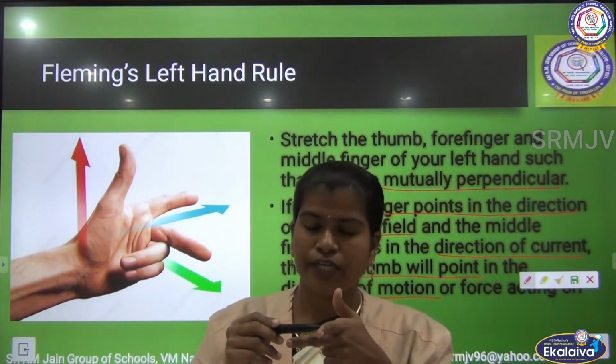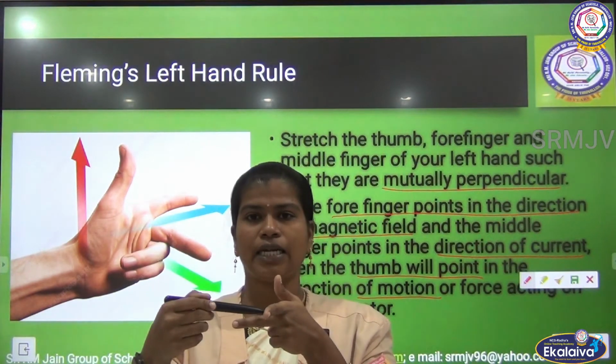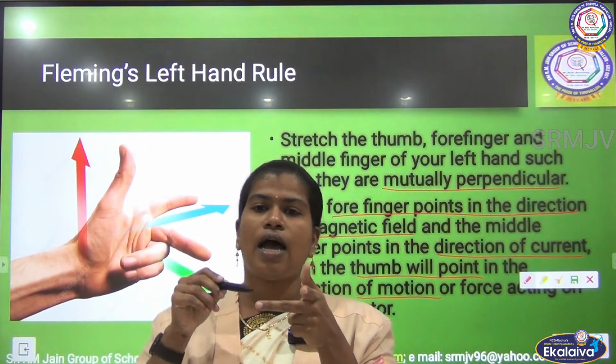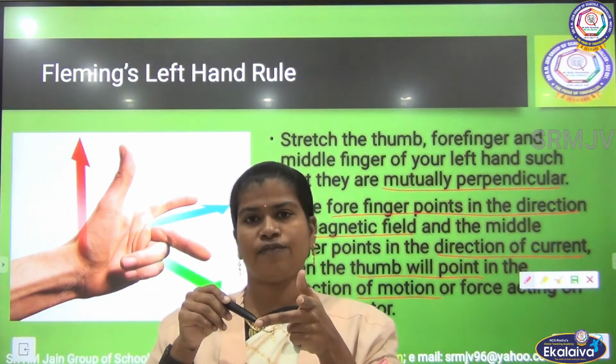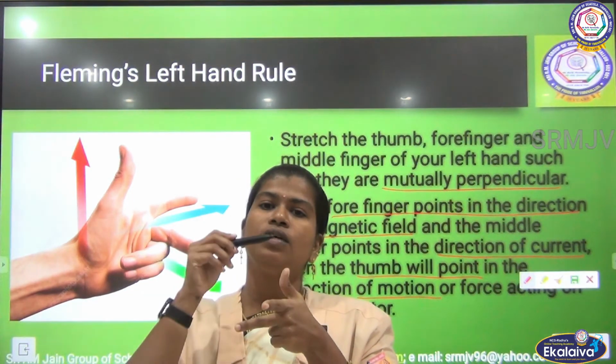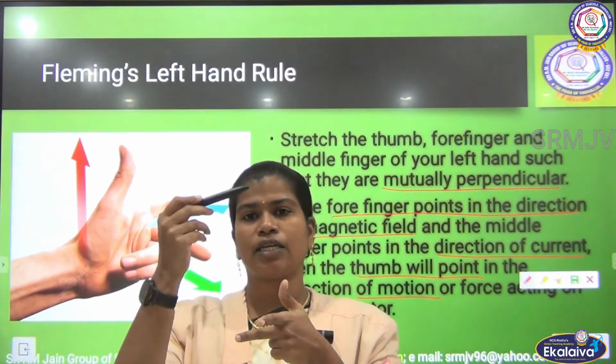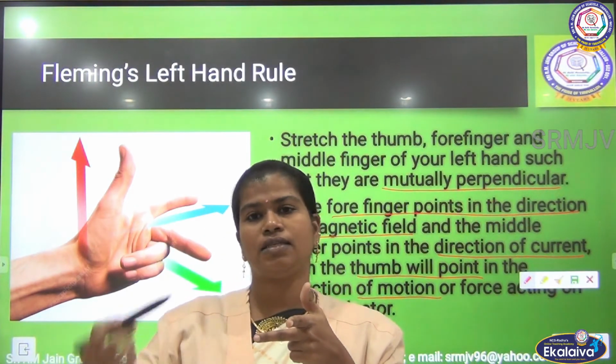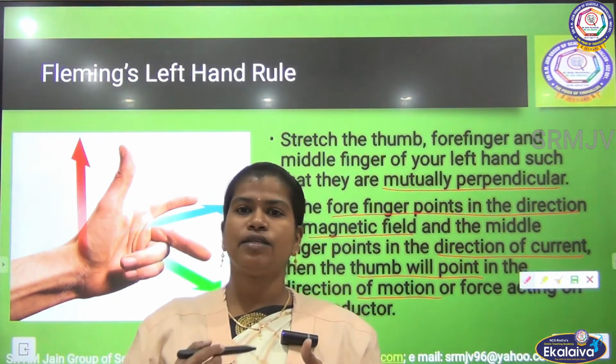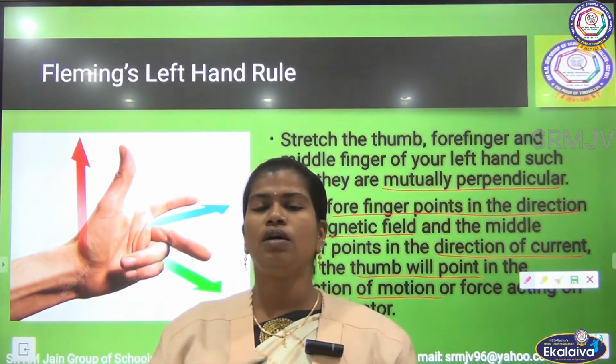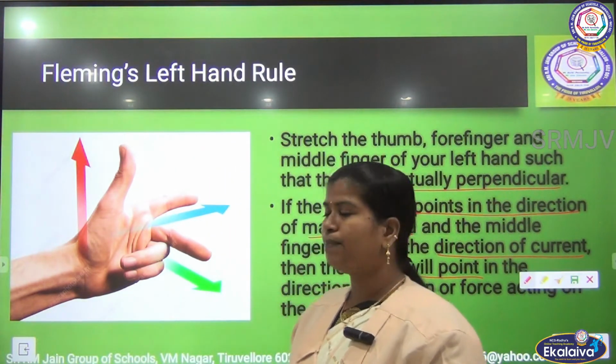So if the forefinger indicates the direction of magnetic field and the middle finger indicates the direction of the current, then your thumb will indicate the direction of force which is exerted. By using this rule, let me do an example.